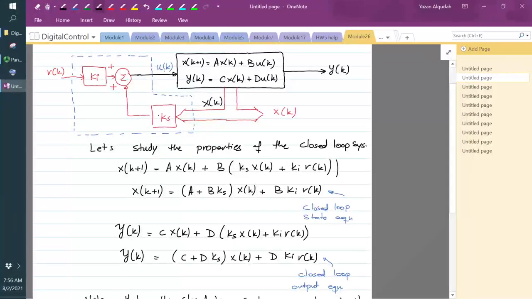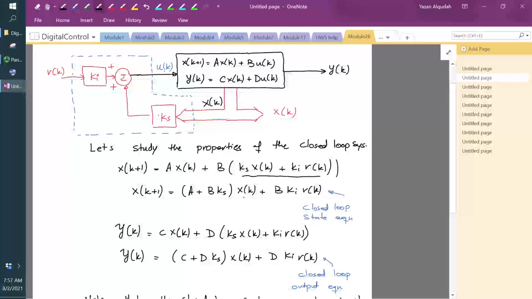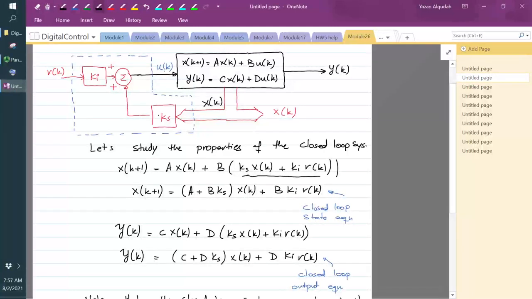If we put the terms together, we can write this as X of k plus 1 equal to A plus B multiplied by Ks, multiplied by X of k, plus B multiplied by Ki multiplied by R of k. This is the closed loop state equation.